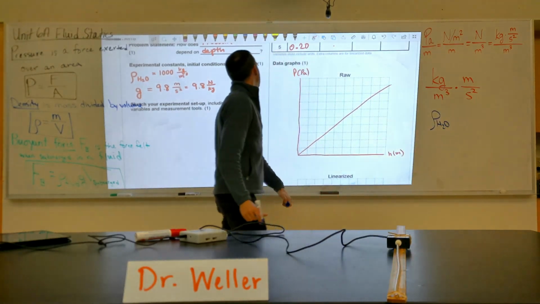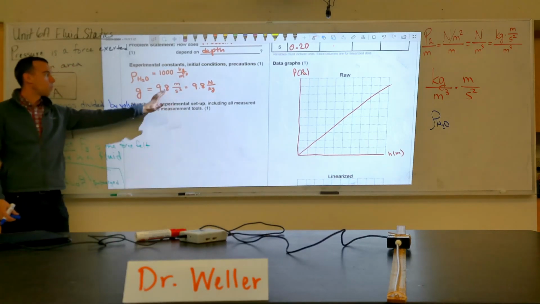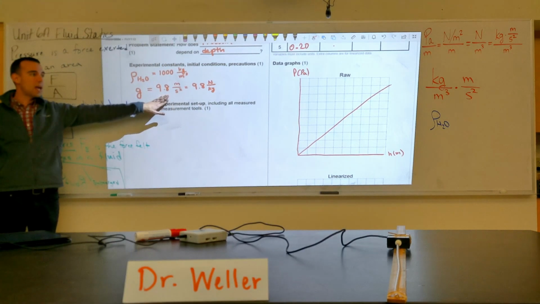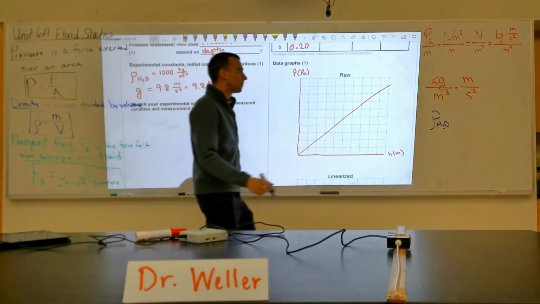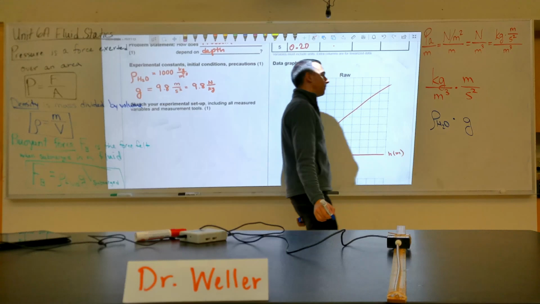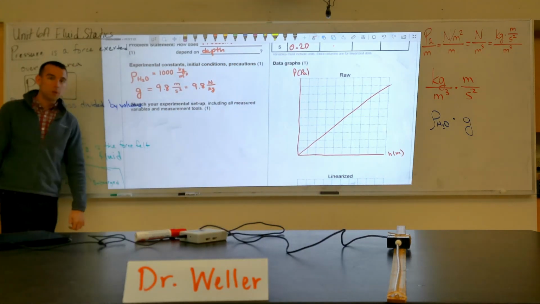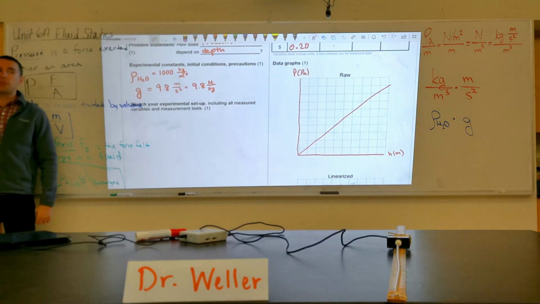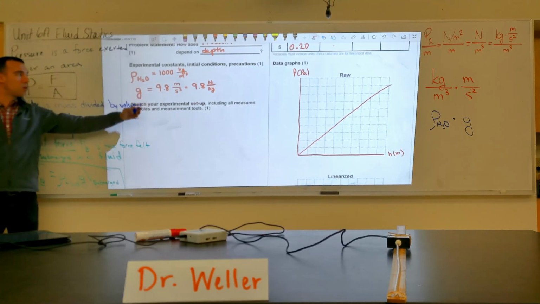And then I have something that's in meters per second squared. Sam helped us out with that one. It was 9.8. That's our g number. And so I have rho times g. The units of my slope end up matching up with the units if I was to just multiply rho and g.